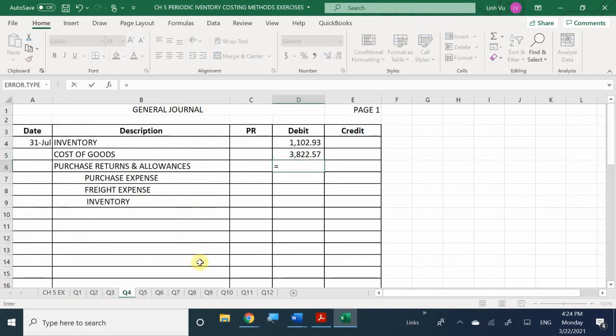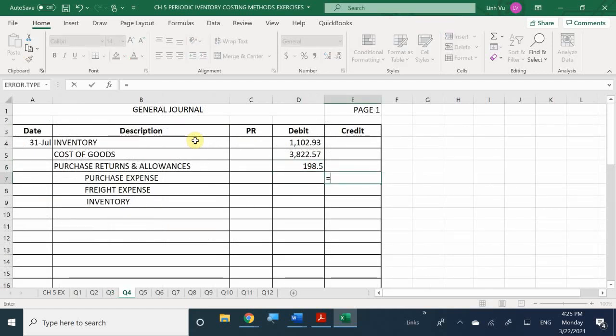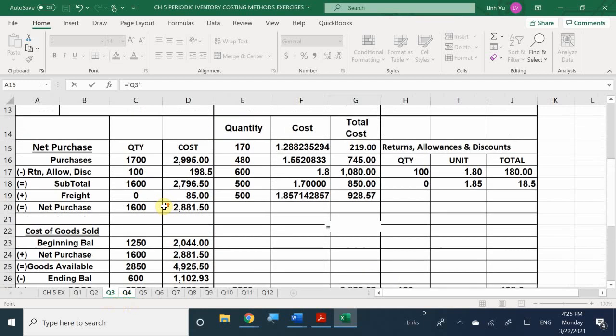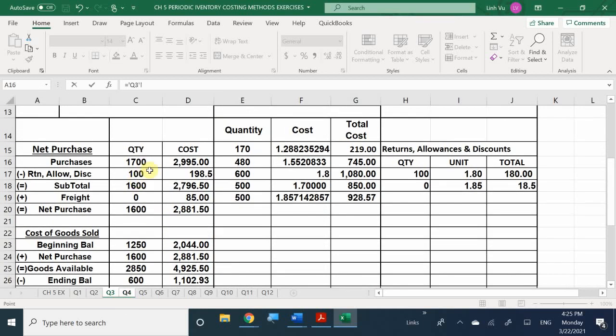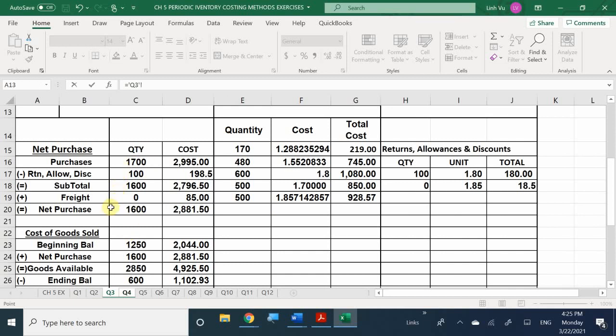Good. What was my total purchase returns and allowances? 198.50. Okay. What was my total purchases? 29.95. Good. And what was my total freight? 85.